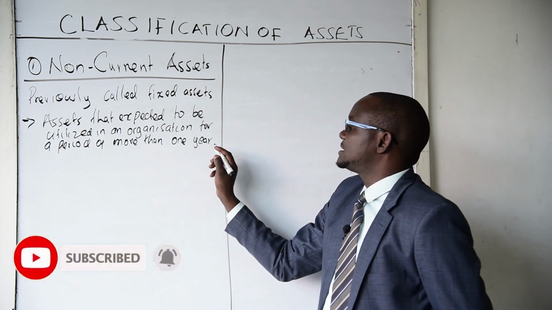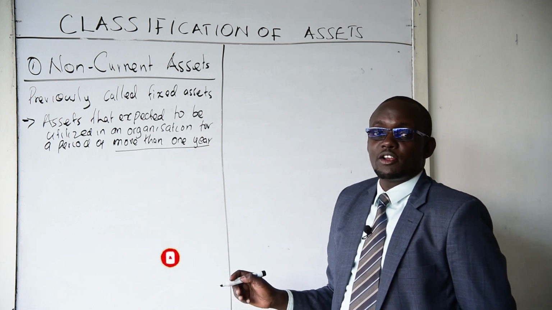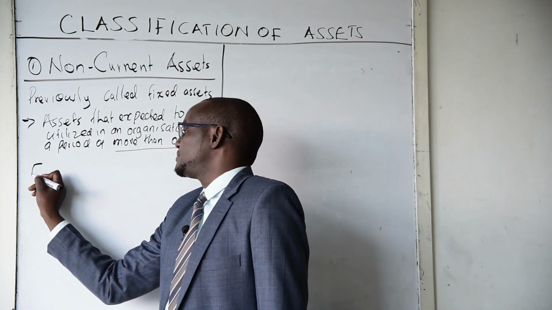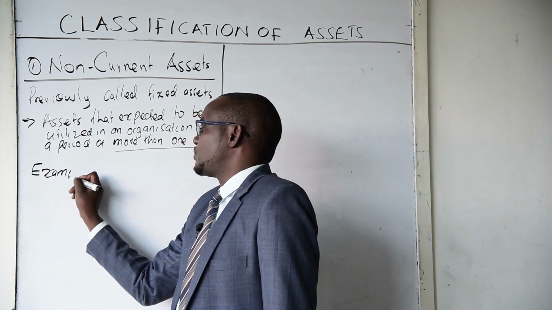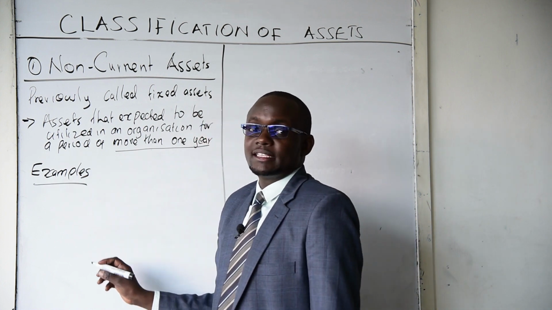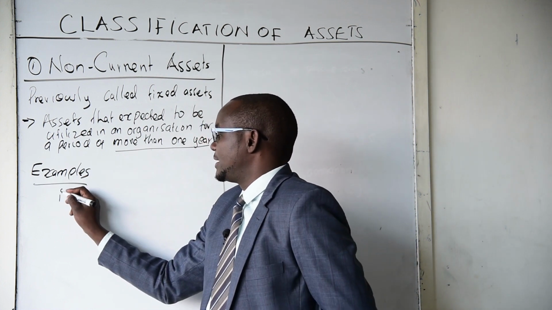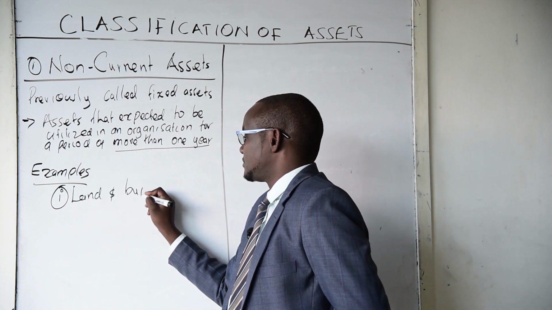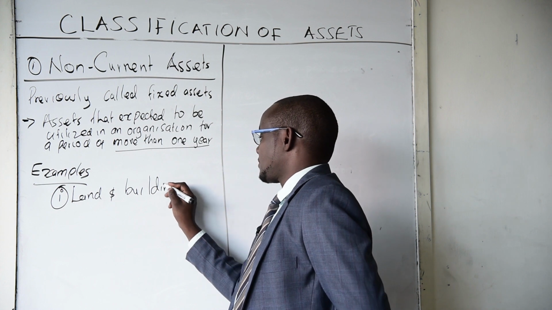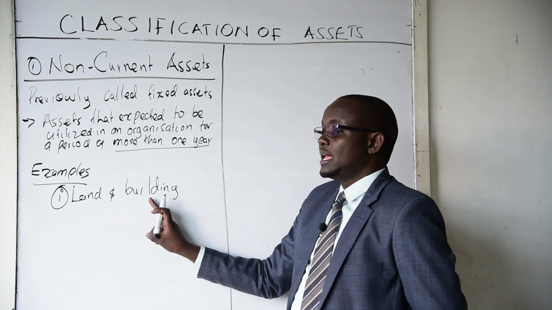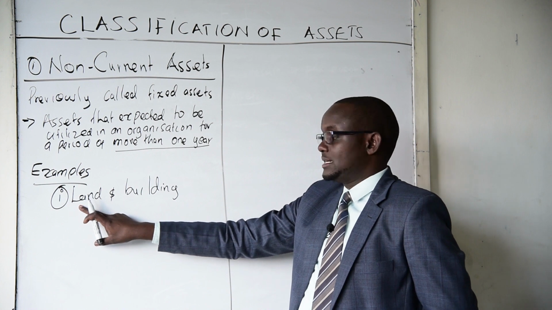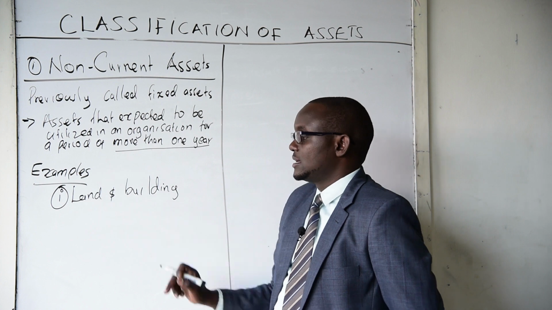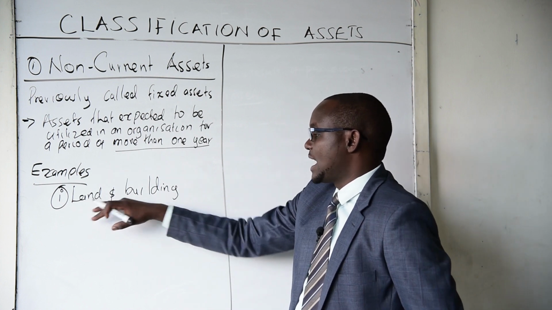So these are assets that are expected to last in an organization for more than 1 year. And we have examples. Examples of these assets, we have one, land and building. We combine land and building because buildings do not exist where there is no land. Most of the time, buildings are attached to the land. So we combine these to be one category, land and building.